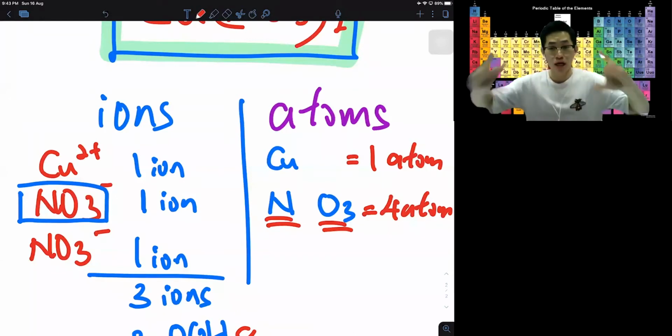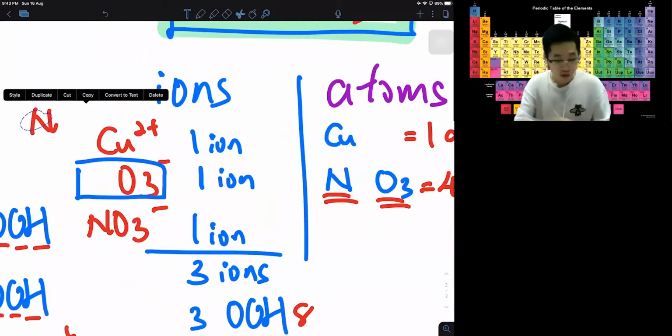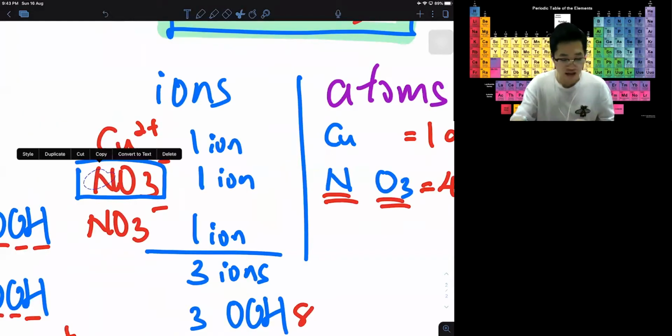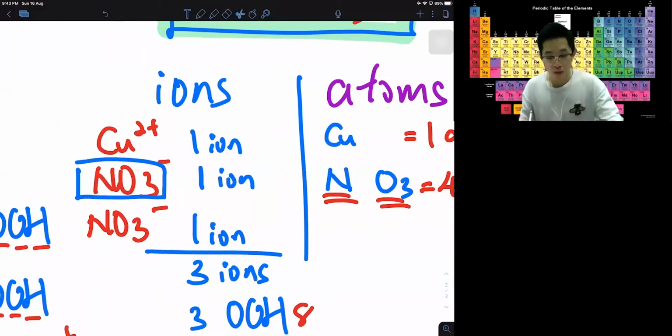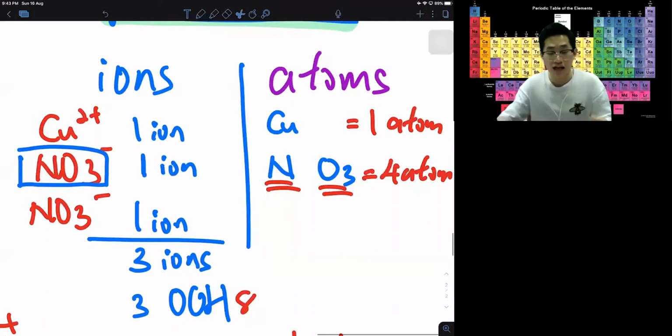Ion is to look at the whole thing as one, because if they are separated, they cannot have any charge anymore. So they must stick together and it is counted as one. But when talking about atom, they separate everything into one single ball. Then NO3 equals 4 atoms.